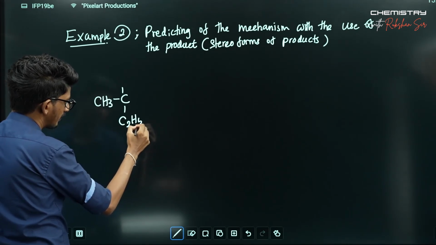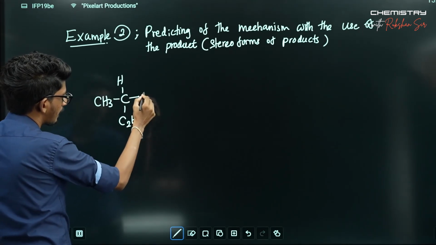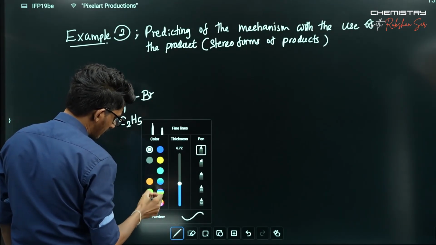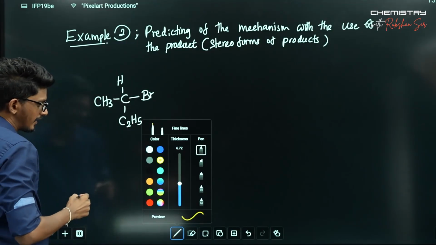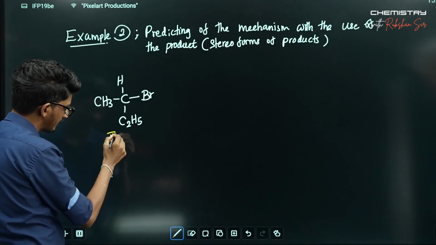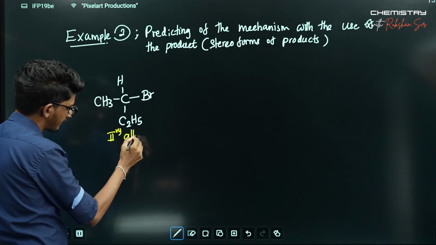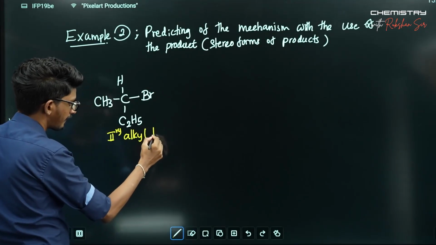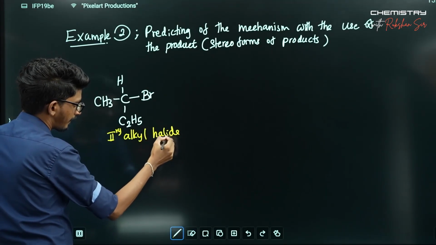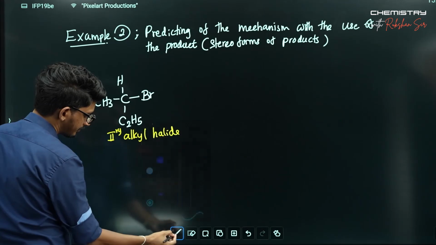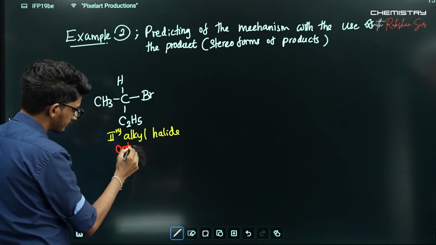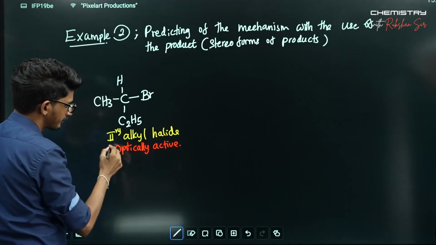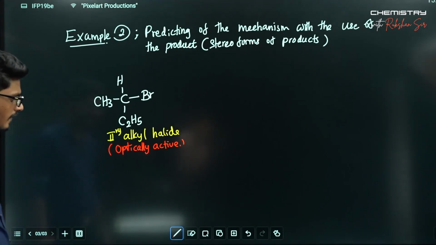So you have C2H5 here, some hydrogen and a Br, basically an optically active secondary alkyl halide, which is optically active, right?